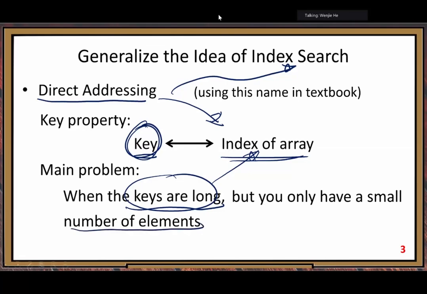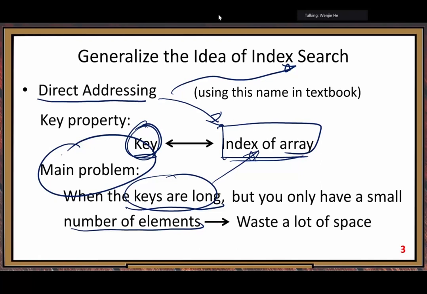The key is long, but the elements are not that many. In that situation, if you use keys as the indices of this array directly, you will waste a lot of memory space, because you only use a small portion of your array. That's the reason this method is useless. Nobody uses this index search. Useless because of this problem. Wasting too much memory resource.